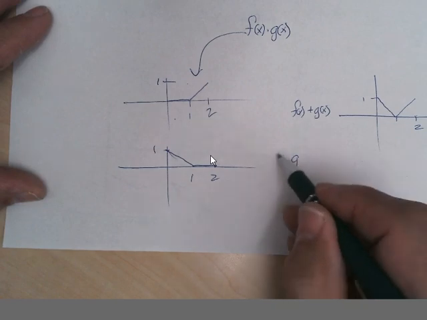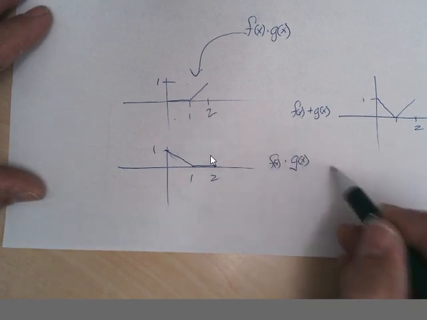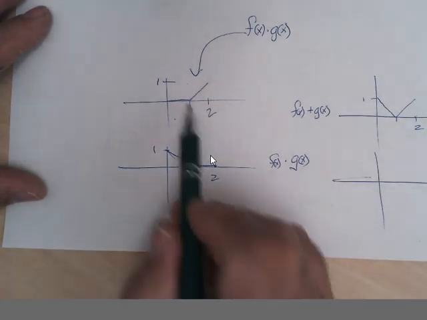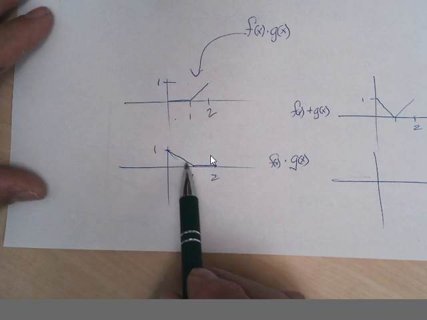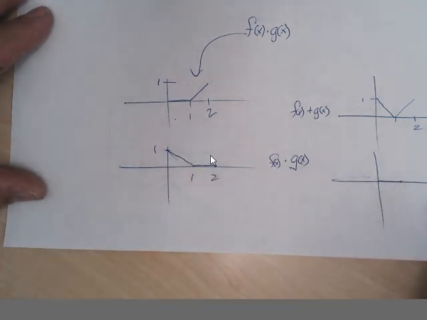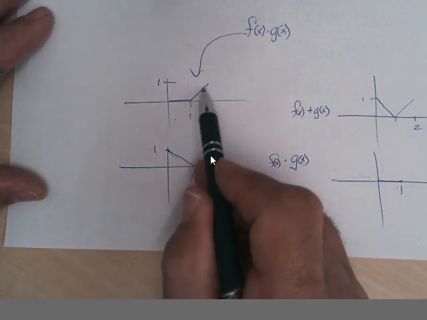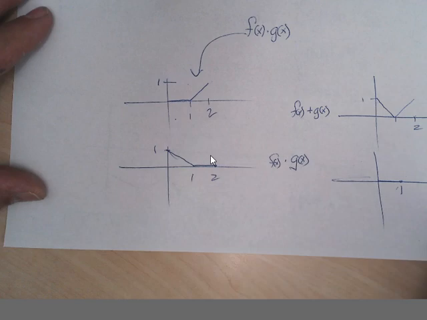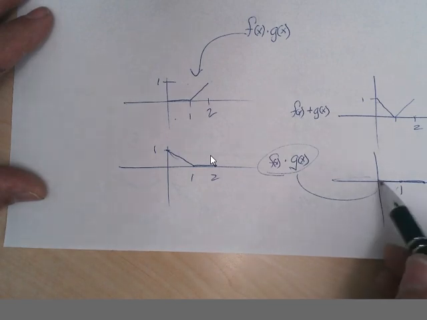Now what does f of x times g of x look like? Well, here f is 0, and 0 times these heights is going to be 0. And then from here on, we got these heights times 0, which is going to be 0. So f times g is going to look like that. Not very interesting.